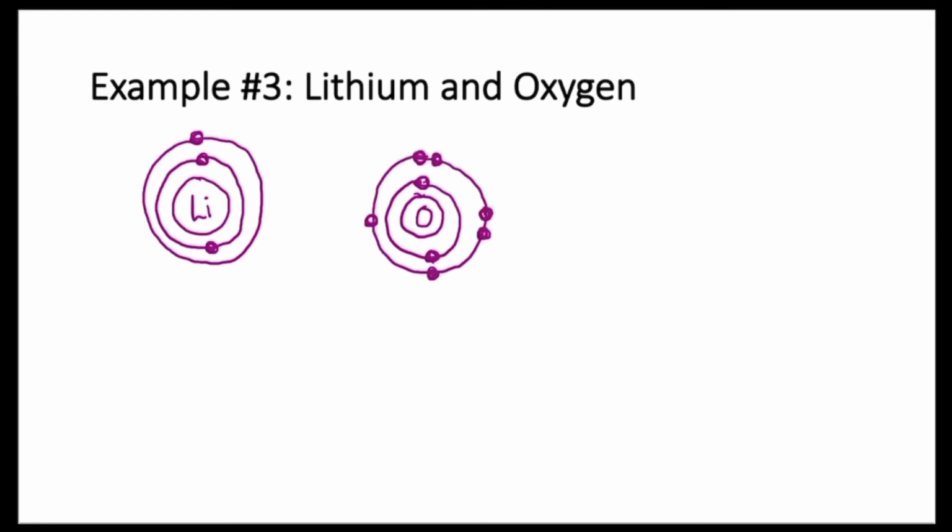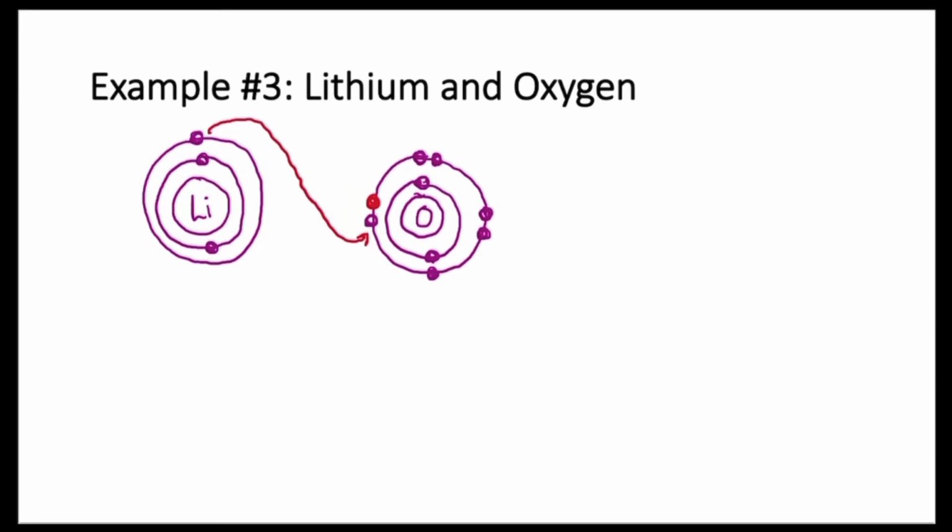If you were to look at this, if I take this 1 extra electron, which the lithium wants to donate, and I add it to here, you'll notice that I still have this electron unpaired. So to fix that, we need another lithium atom to come in and offer its electron to the oxygen.